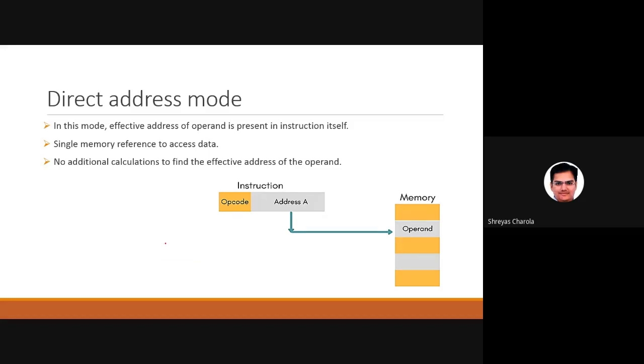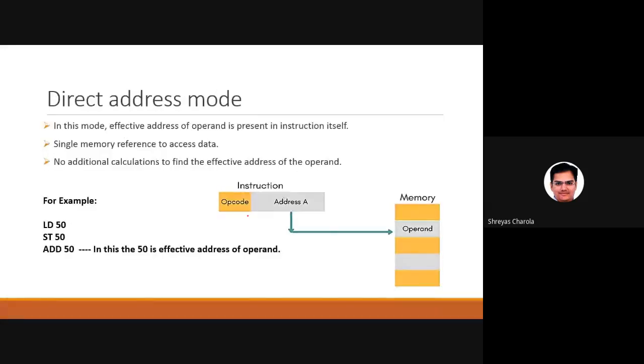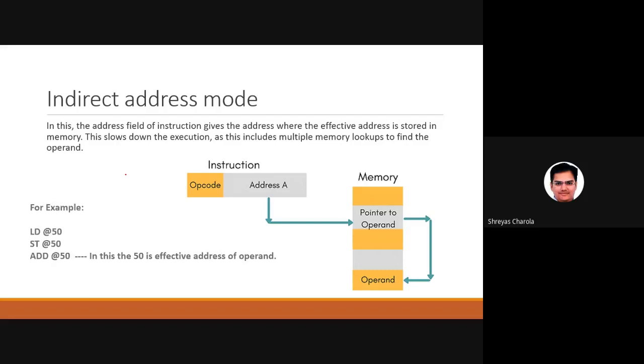Previously we saw register direct and register indirect. Now the indirect addressing mode is indicated with at the rate. It is the same as indirect. Suppose at address 50 you have the data 40, and in memory at 40 the data is 30.